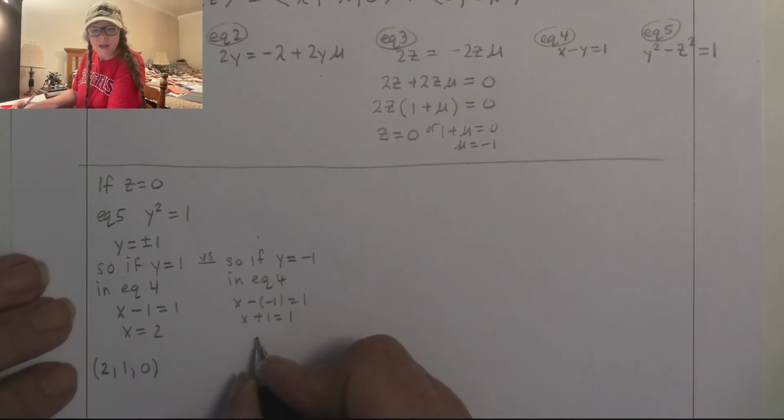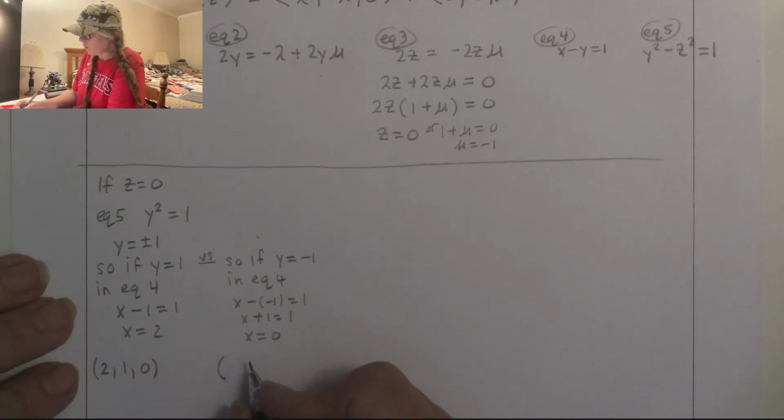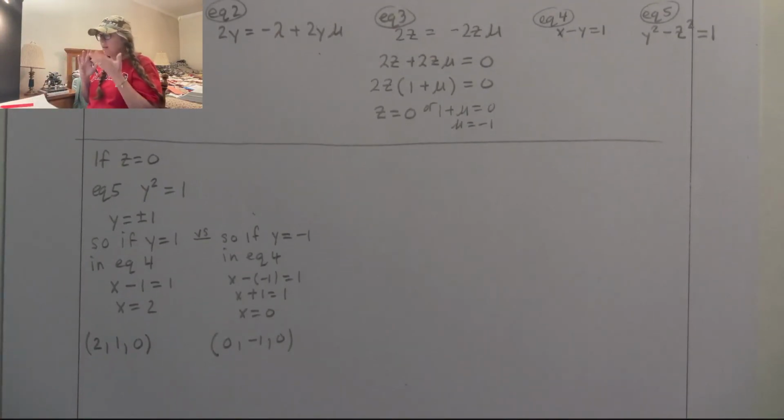And that tells us that x is 0. So this gives us the point x is 0, y is negative 1, and z is 0. So far I have 2 points, and I'm wondering, are there any other points that I might be able to get a hold of?